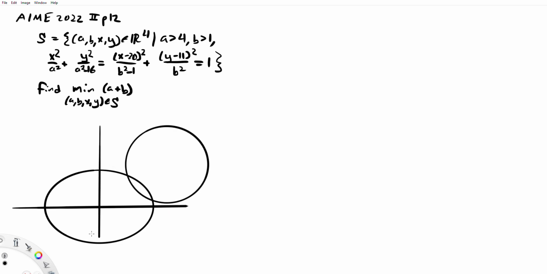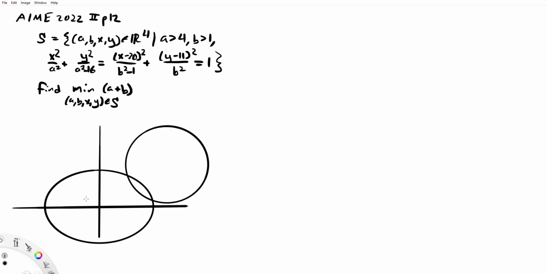And the foci: the distance from the center to the foci for the first ellipse will be the square root of a squared minus 16, which equals 4. And the distance for the other ellipse will be 1.